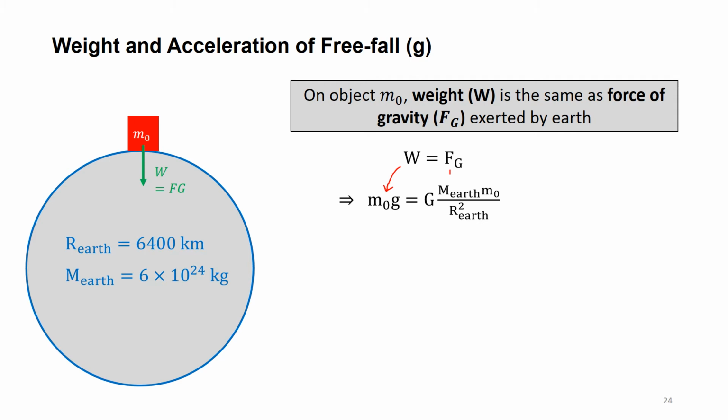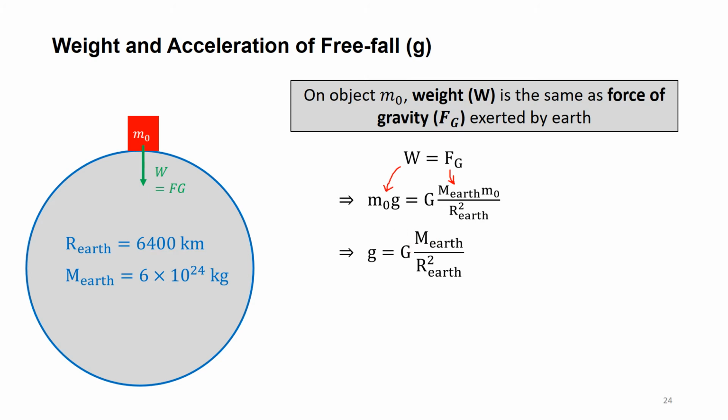And for gravitational force, we plug in the expression that we derived a few slides ago: G times the mass of the earth times the mass of the other object, divided by r squared. Here r is the same as the radius of the earth, because we're assuming that m0 lies on the surface of the earth. If m0 was located further above, we would plug in a bigger number in place of the radius of the earth.